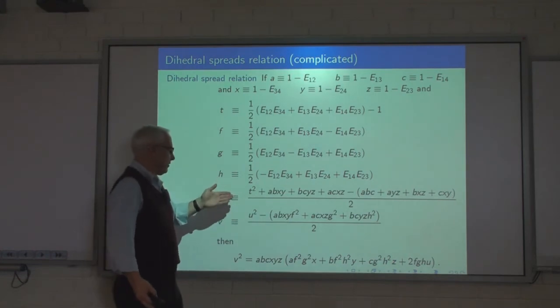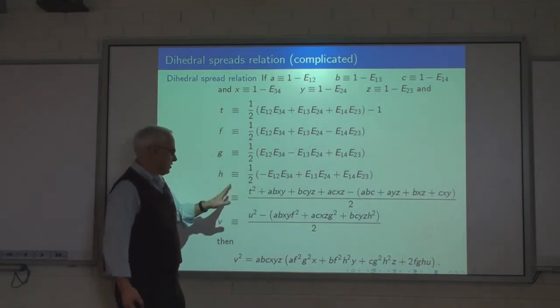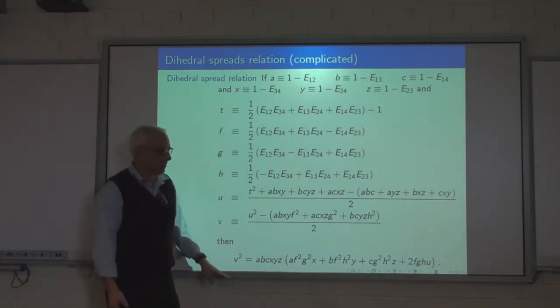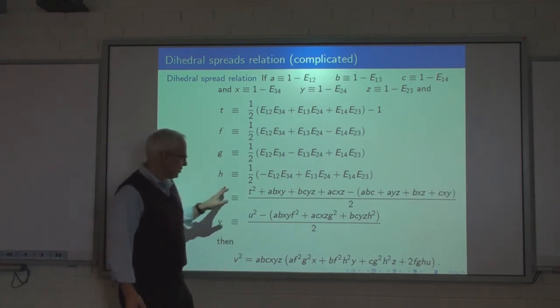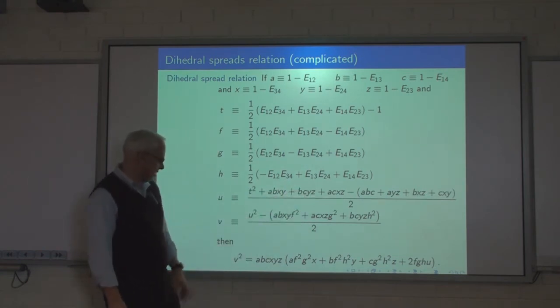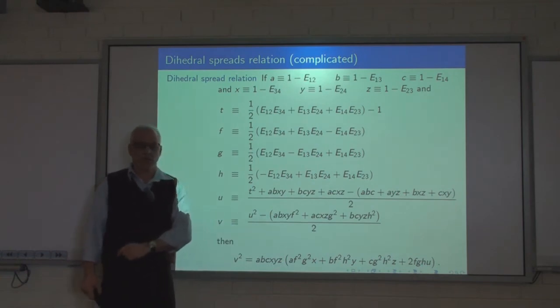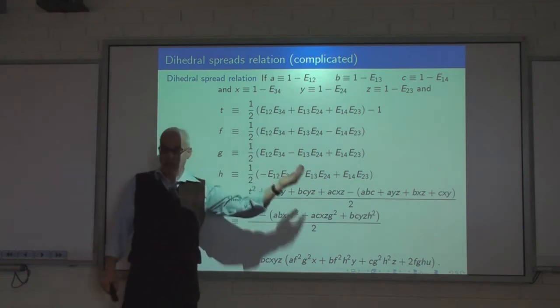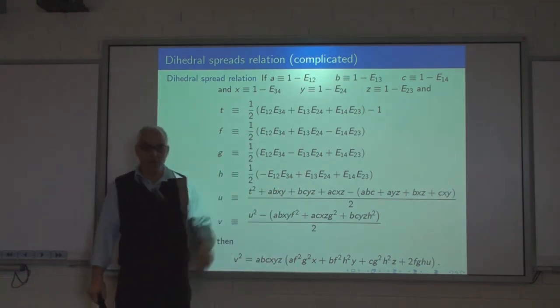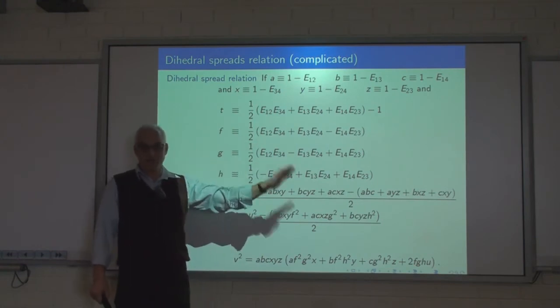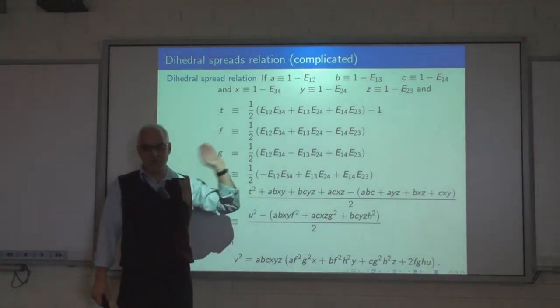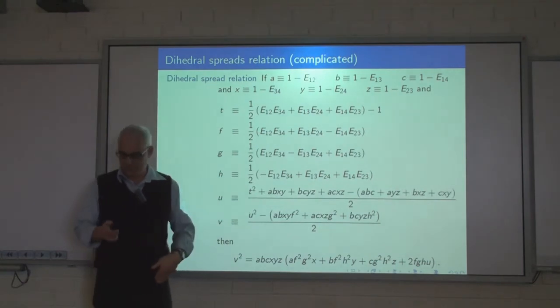This is the way I happen to get it, but it's not necessarily at all the best way, but it's the only way I know. Then you introduce this quantity, and you introduce this quantity, and then this turns out to be the relation. If I actually wrote that down explicitly in terms of E1s, E2s, and so on, it would probably take dozens of pages, maybe hundreds of pages to write the whole thing down.